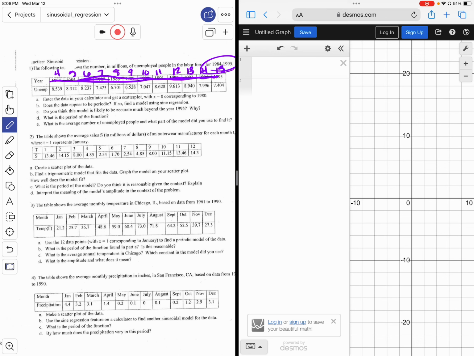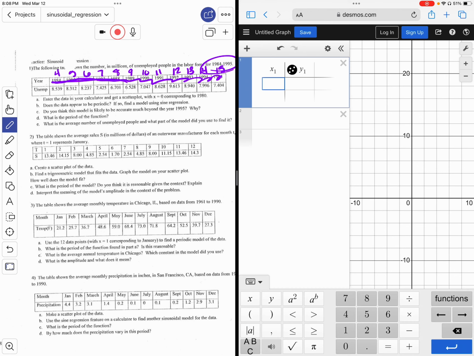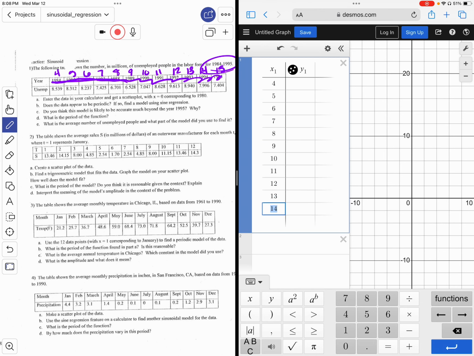They want us to use years since 1980. Okay, so I'm going to create that very same table in my Desmos. So year 4, 5, 6, 7, 8, 9. We are going all the way to 15. And we are putting in the number of unemployed humans in the millions.